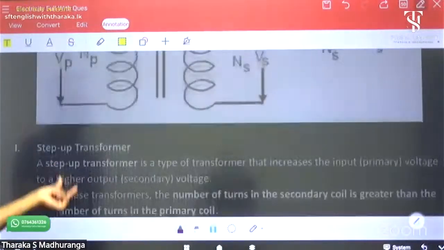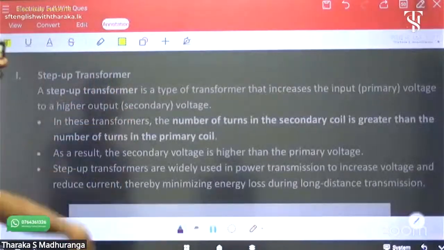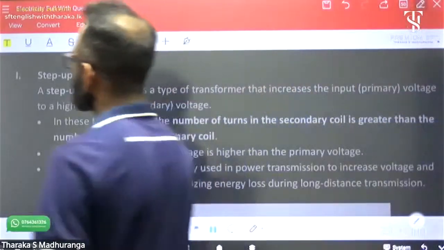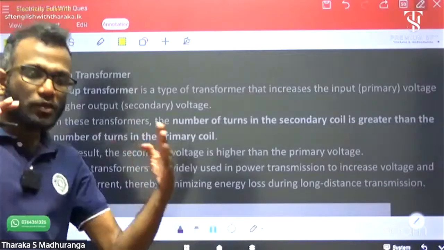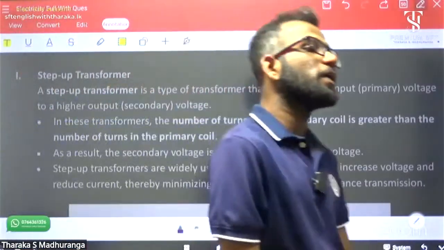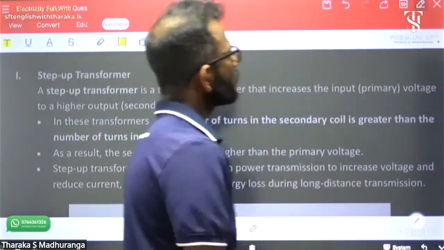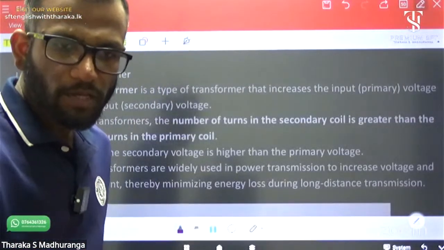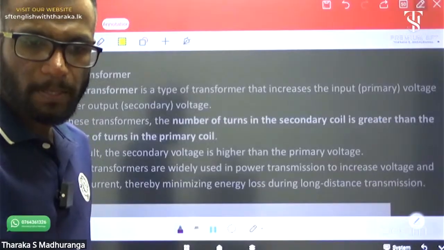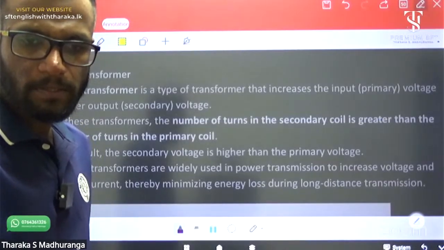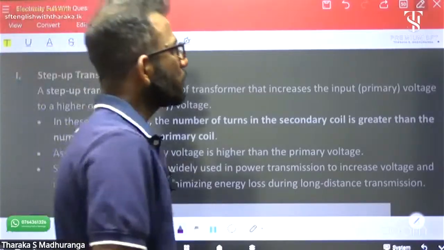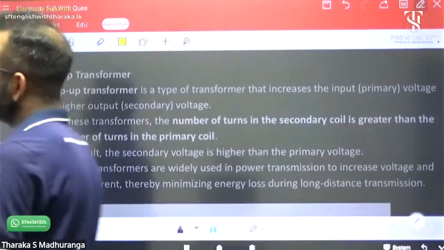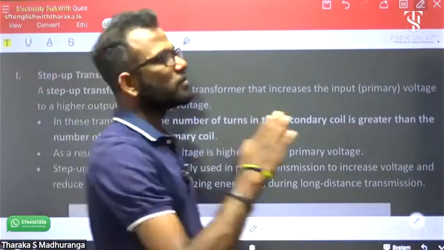I will explain this equation after this type of discussion. Normally, transformers are mainly two types. What are the types? Step up transformers and step down transformers. What's the meaning of step up transformers?